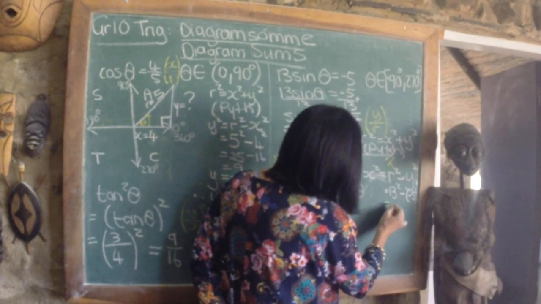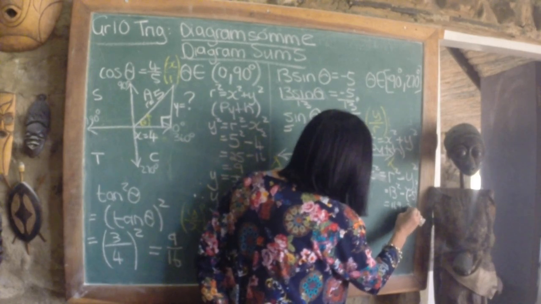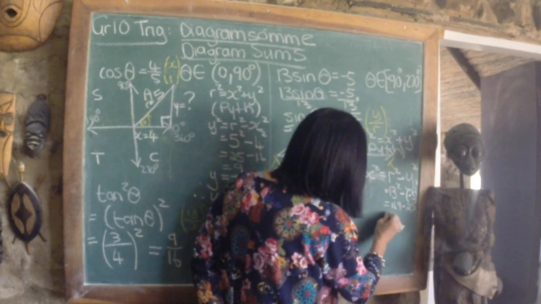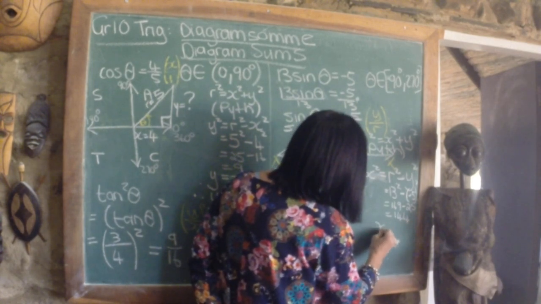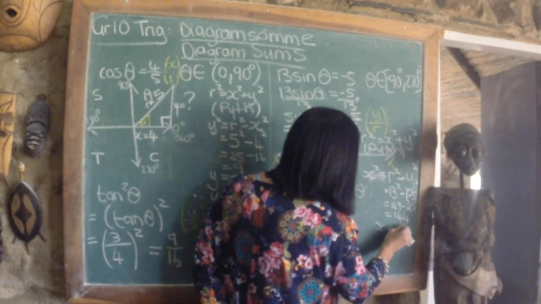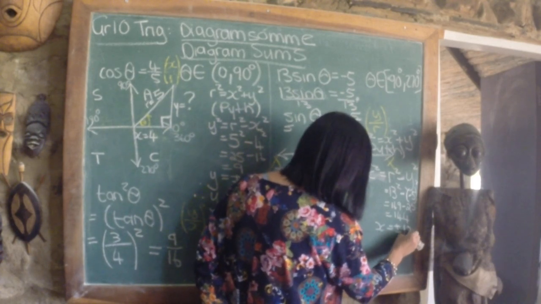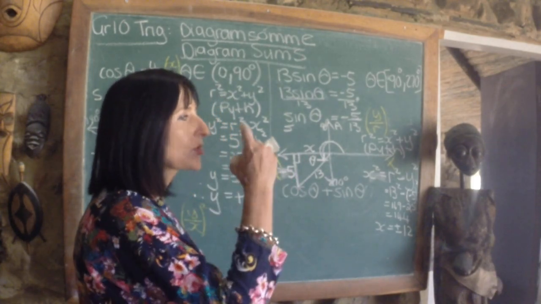So ek het 169 minus 25 en dit gee vir my 144 x, then the square root of 144 plus minus 12. Now I'm going to go back to my picture to pick the plus or the minus.